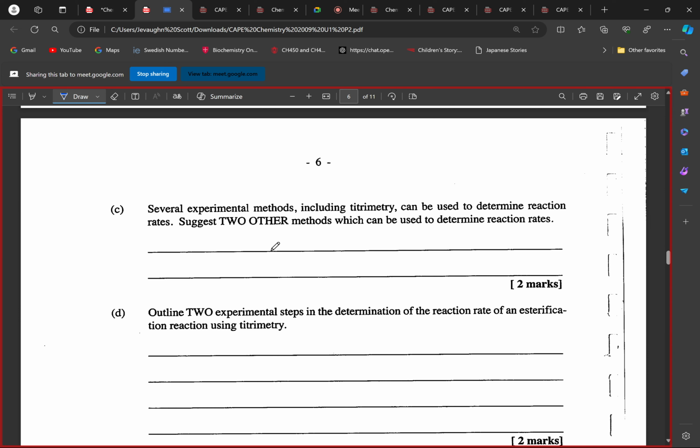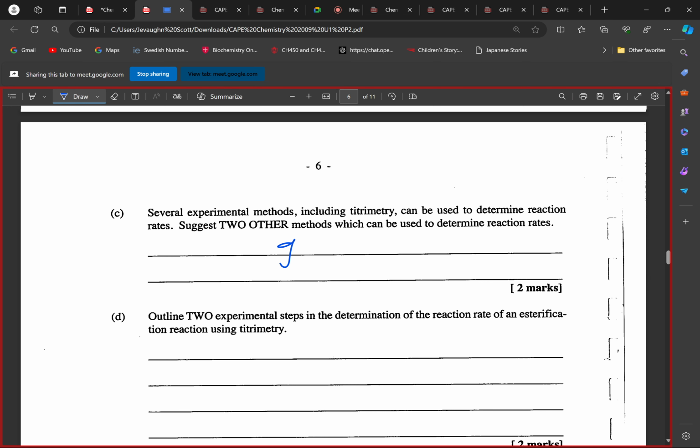There are two simple ones that we got from CSEC. Ladies and gentlemen, how can we determine the rate of reaction without using titration? So we have a gas.